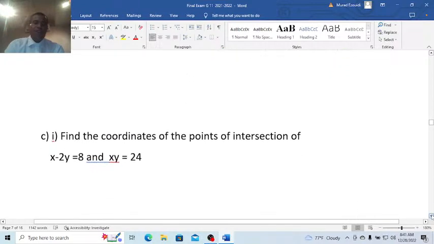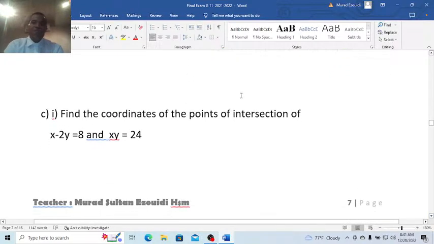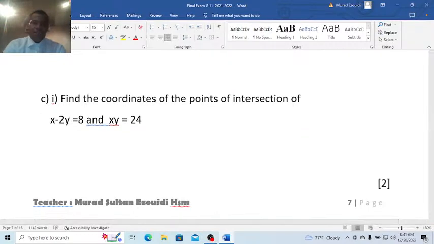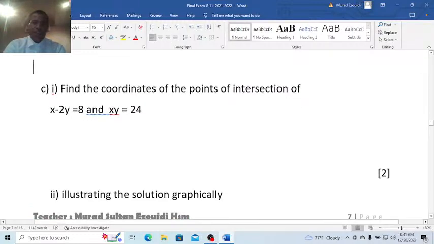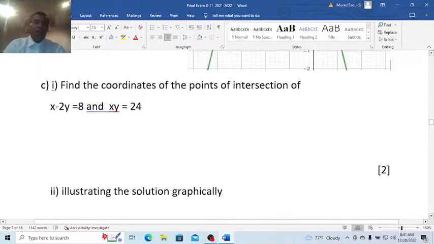Now this question, learners, deals with solving equations. Find the coordinates of the point of intersection of x minus 2y equals 8 and xy equals 24.